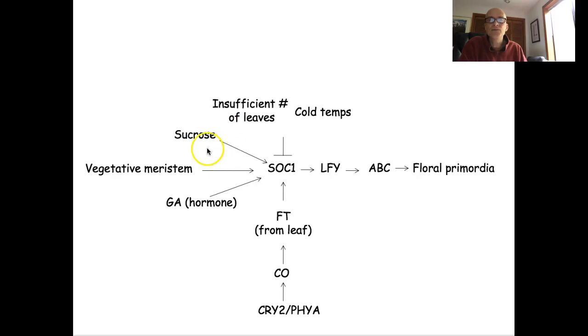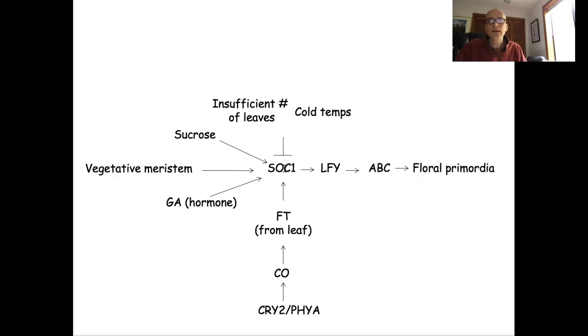If there isn't enough sucrose, then SOC1 is not activated, and so flowering is delayed. Cold temperatures and an insufficient number of leaves, which probably goes together with sucrose and the status of the metabolites in the plant, since not enough leaves means not enough photosynthesis and not enough sucrose, will repress SOC1.